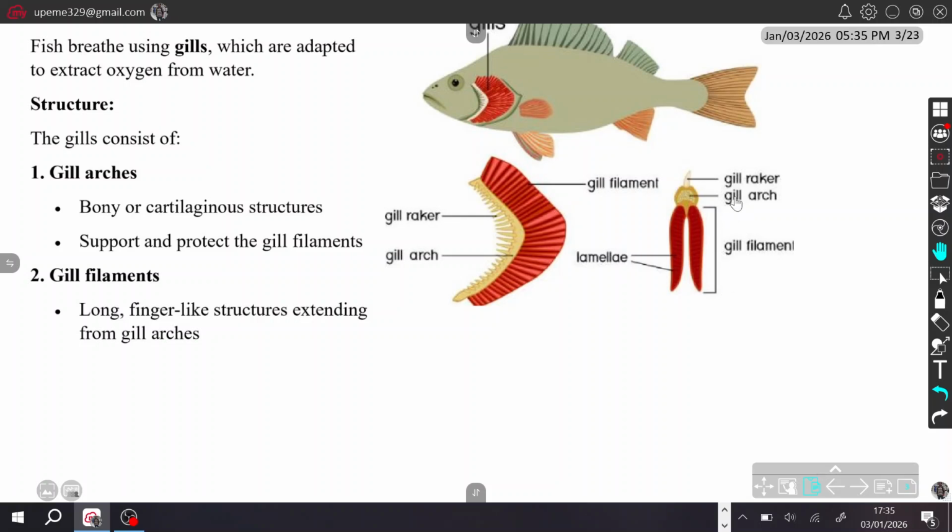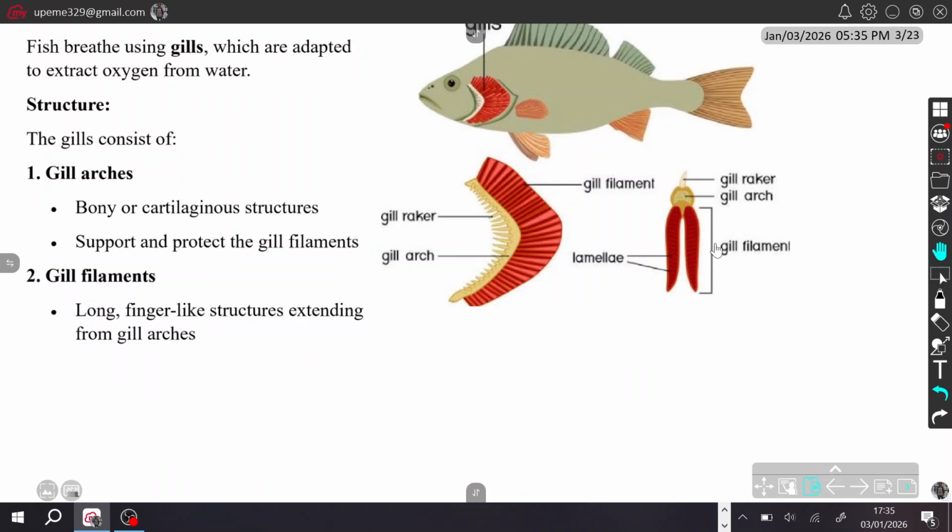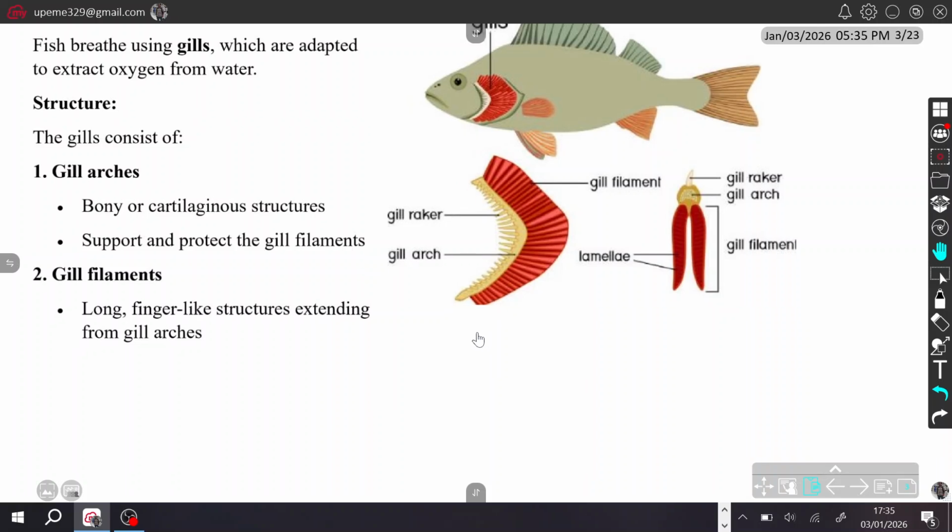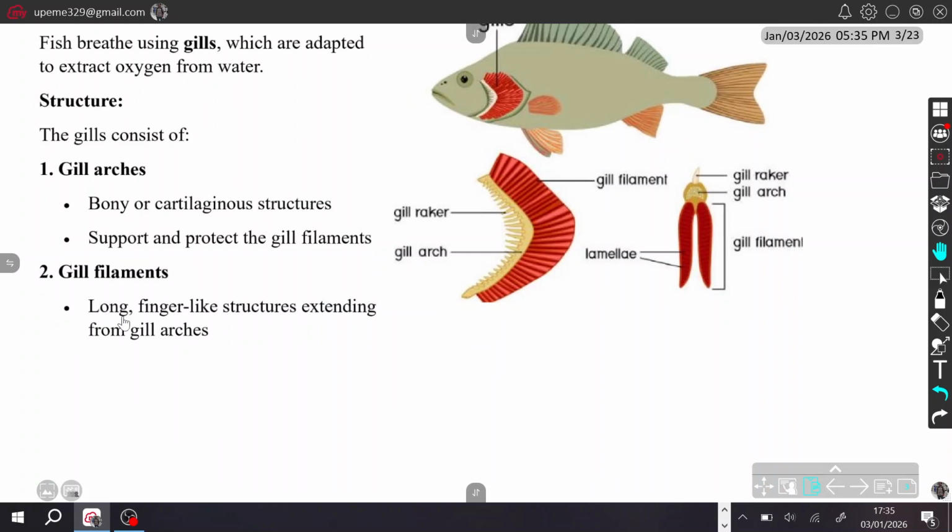Here we have the gill arc, then we have the gill rake. This is the gill arc, and this one is the filament. When you look at the filament from the front view, it is long and finger-like, extending from the gill arc.